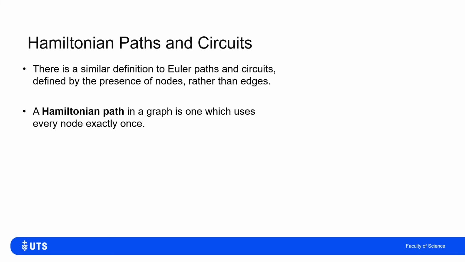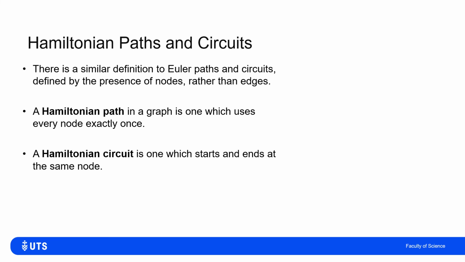The similar idea, looking at nodes rather than edges, is a Hamiltonian path. And in the same way that Euler paths that were circuits were Euler circuits, we also have Hamiltonian circuits. So it goes through every node exactly once and will wind up terminating back at the same node which it started.